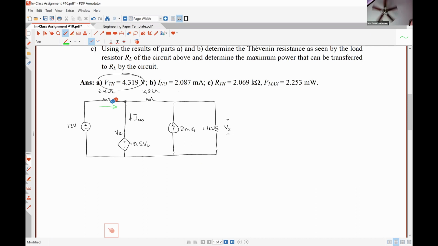If we did mesh analysis, we would take this current minus this current, and it would give us I Norton. So in this case, it really doesn't matter which approach we use because we're effectively going to have to do the same number of steps. So neither one is more efficient than the other.